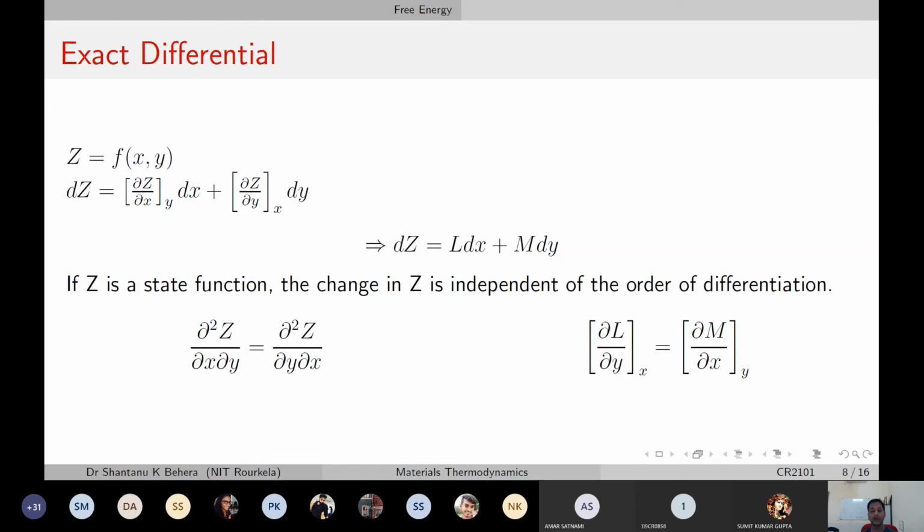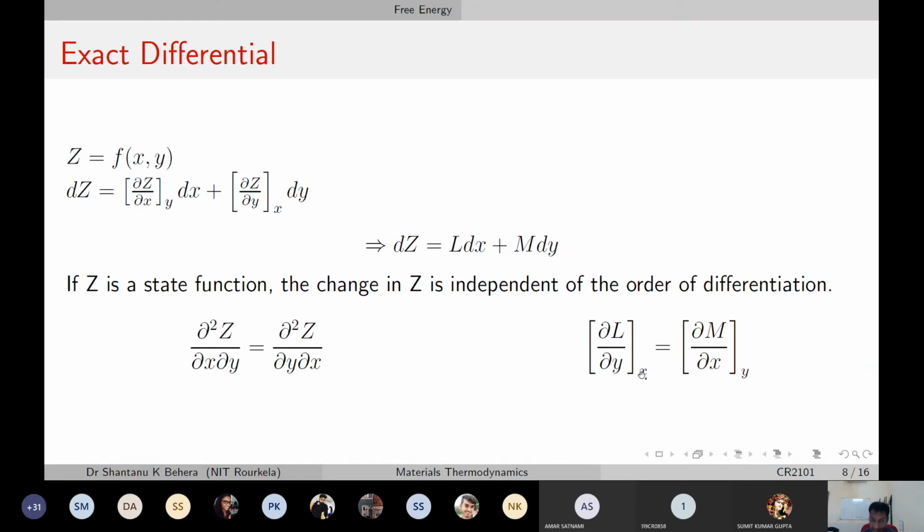What is more important is that if you're dealing with a state function, a thermodynamic quantity which can be expressed in this form, then the interdependence of these two quantities is going to be expressed like this: del L by del y at constant x is del M by del x at constant y.